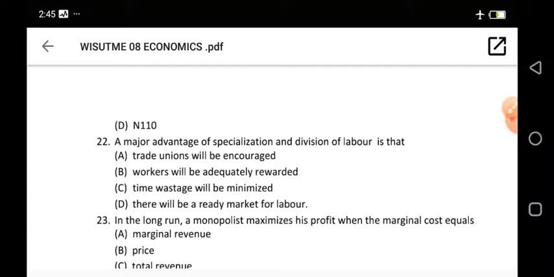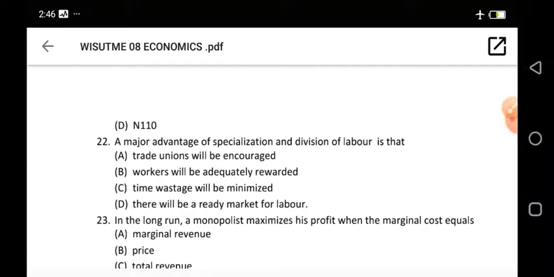Number 22, the major advantage of specialization and division of labor is that: A talks about trade unions being encouraged, B talks about workers being adequately rewarded, C talks about time wastage being minimal.